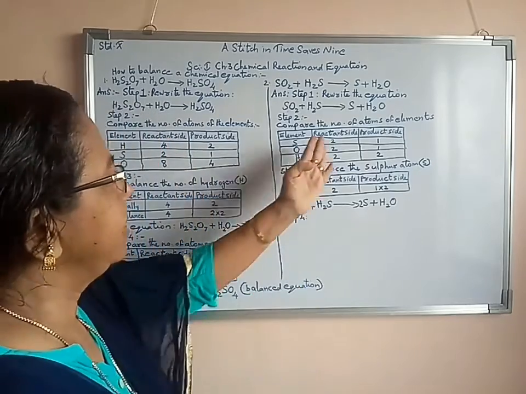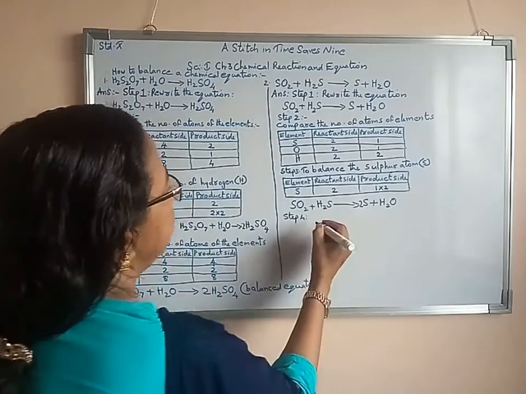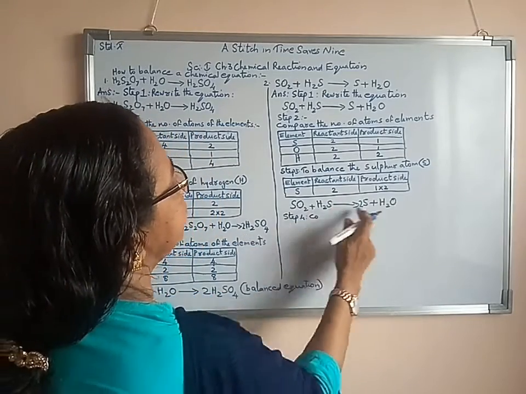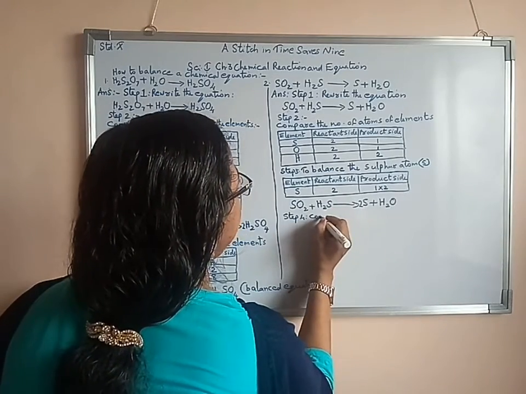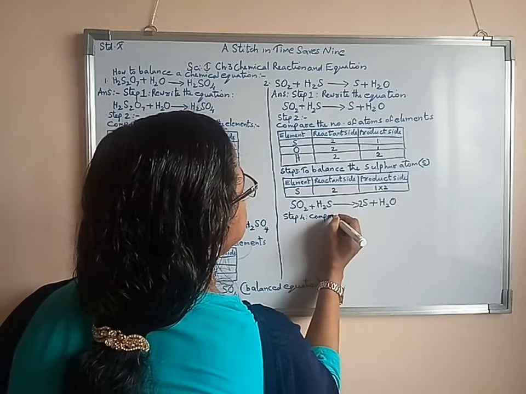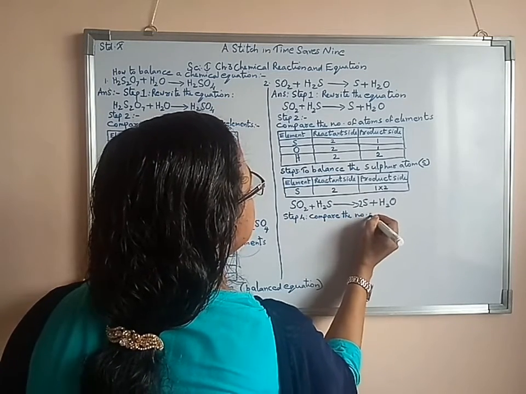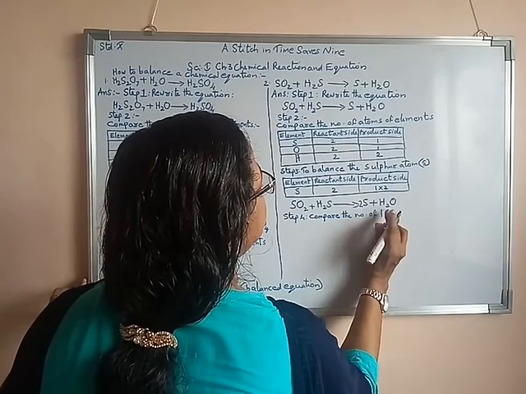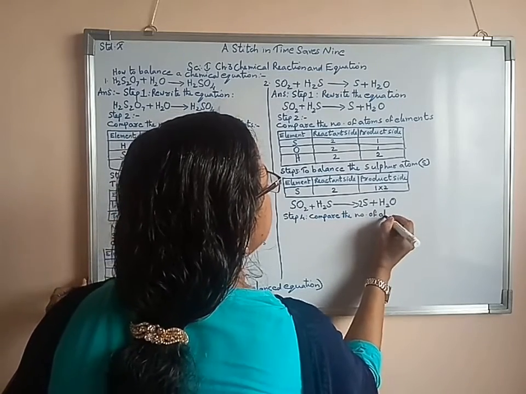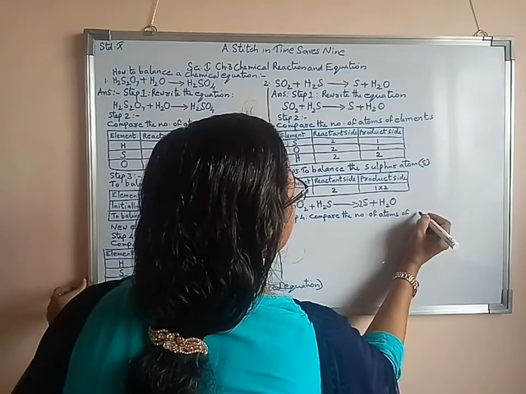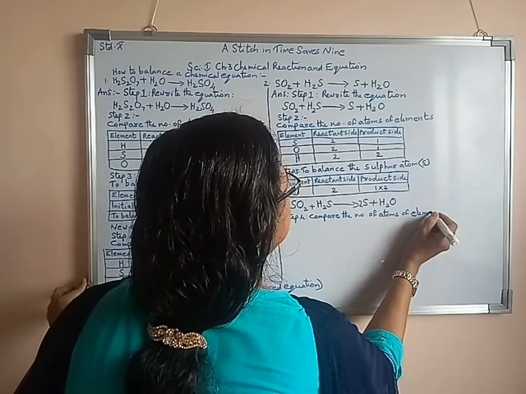Now again same as this we have to make the table here. Compare, because sulfur number we increased. As a result of it again we have to compare the number of atoms of elements.